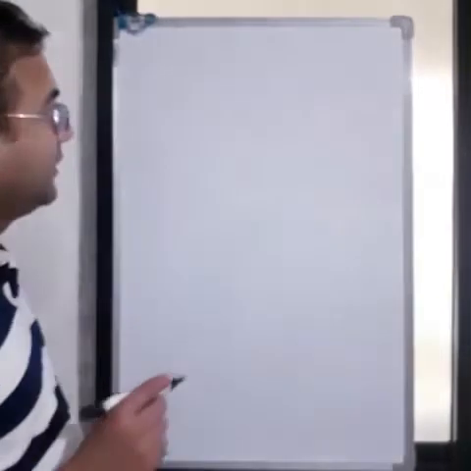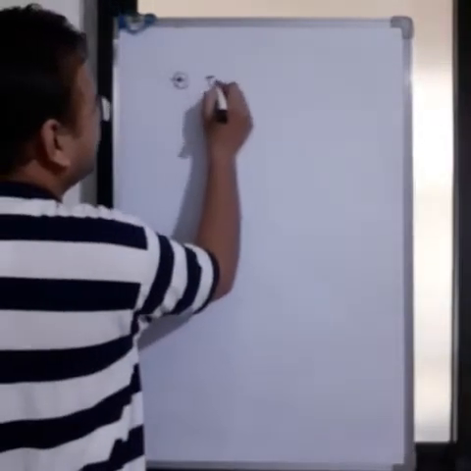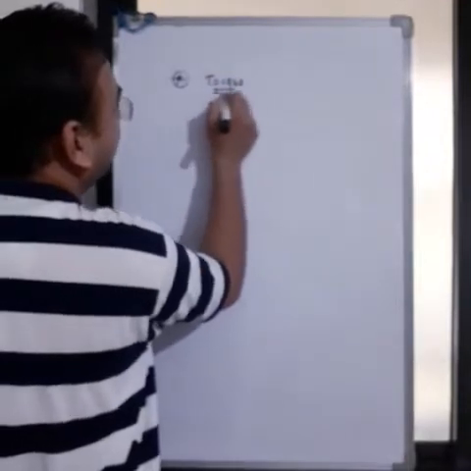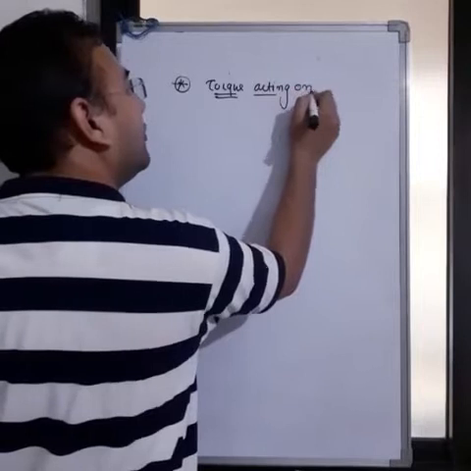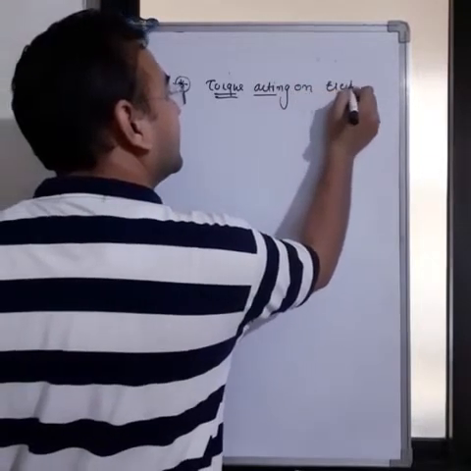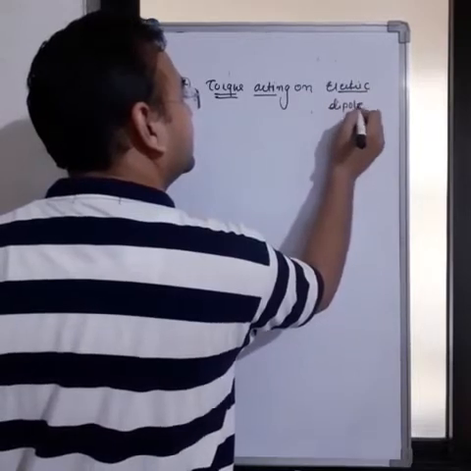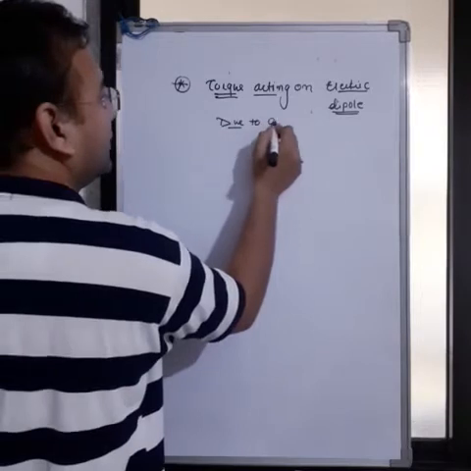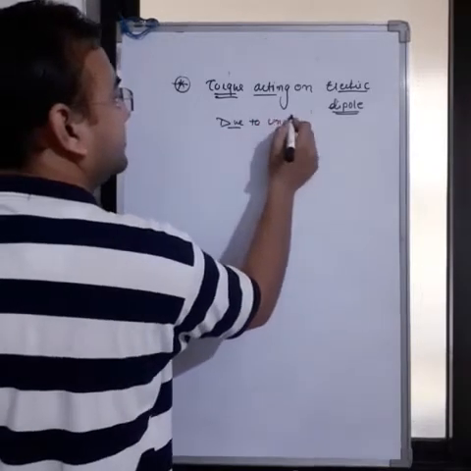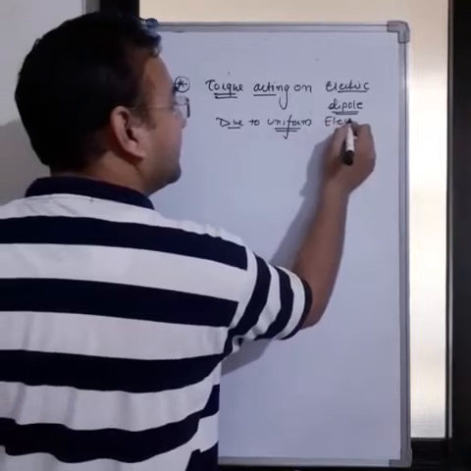See students, now we have to see one very interesting topic. It is called the torque acting on an electric dipole due to a uniform electric field.